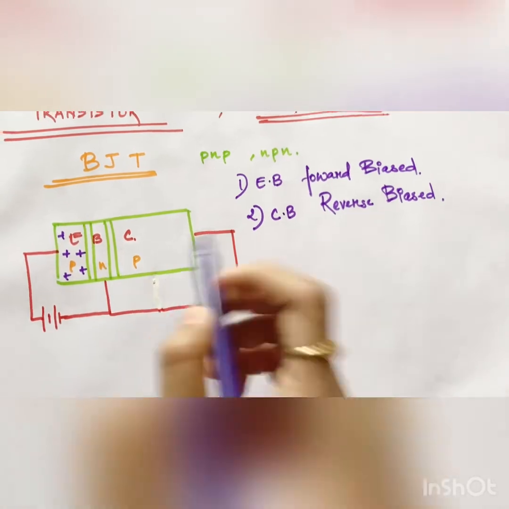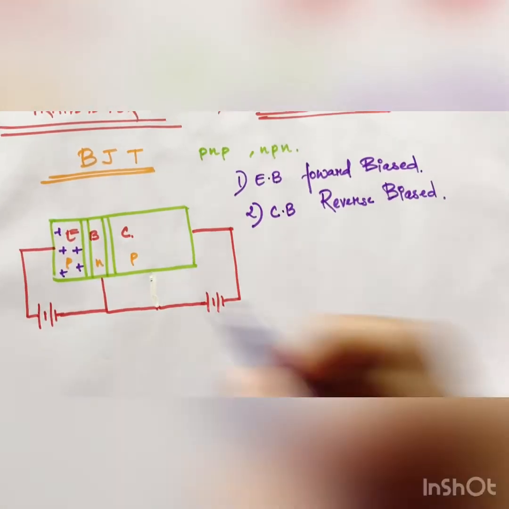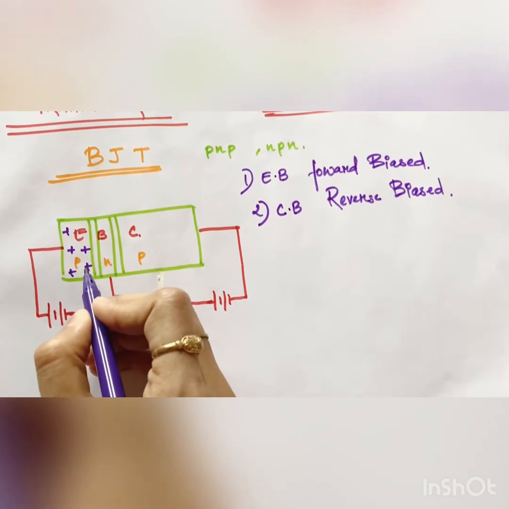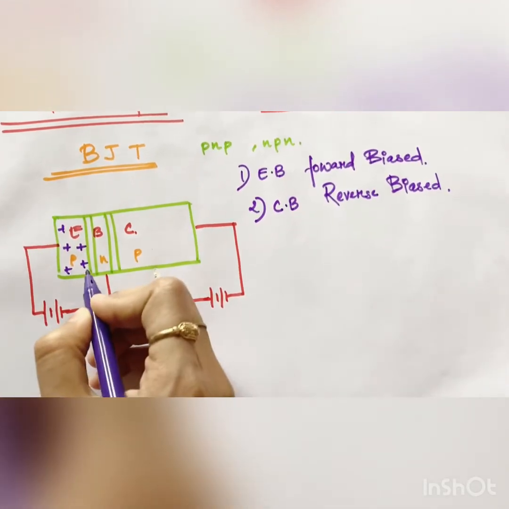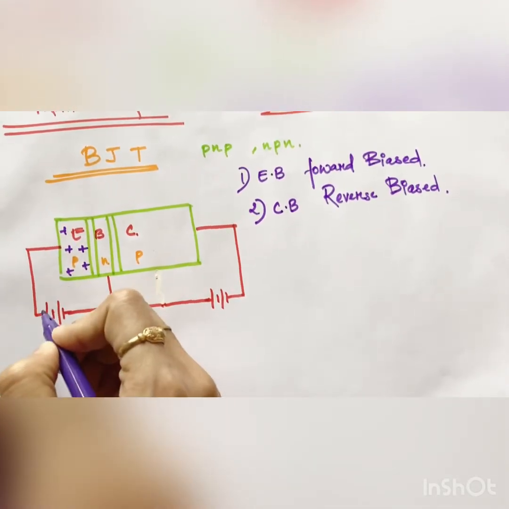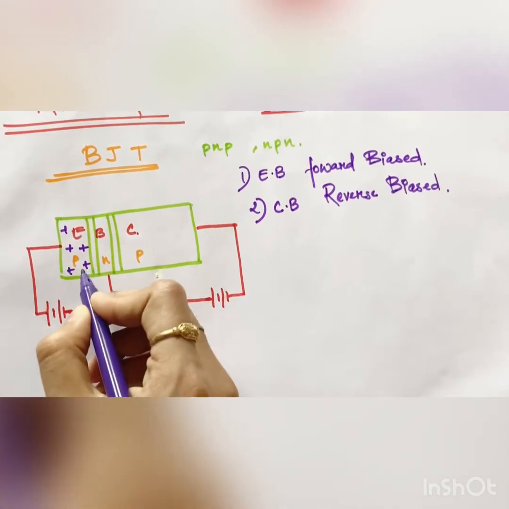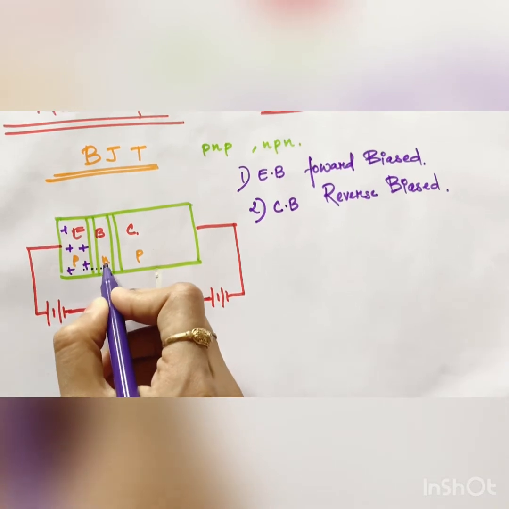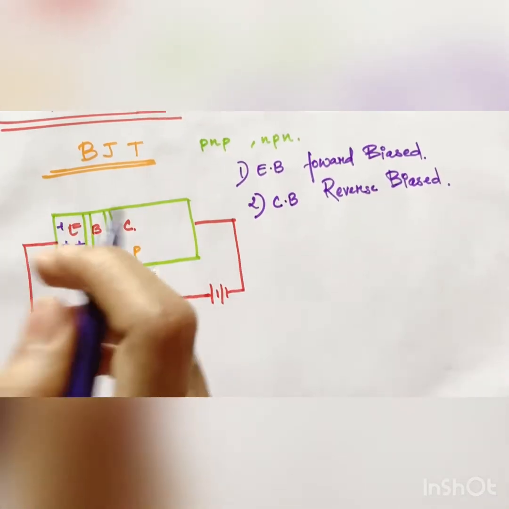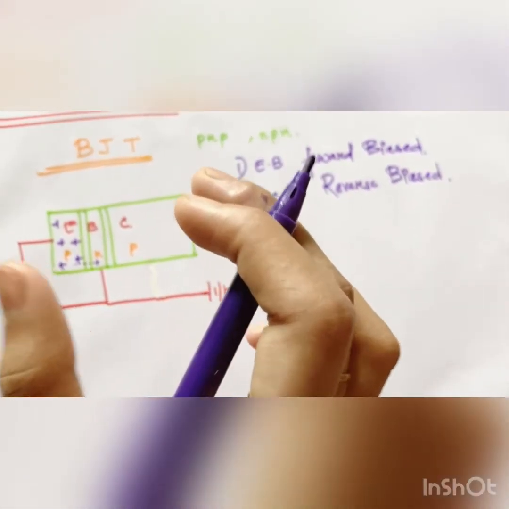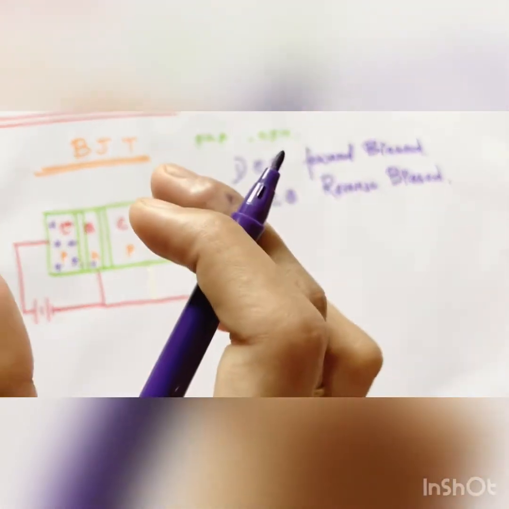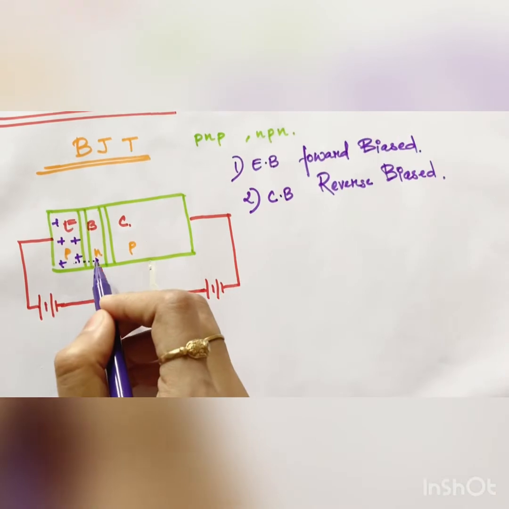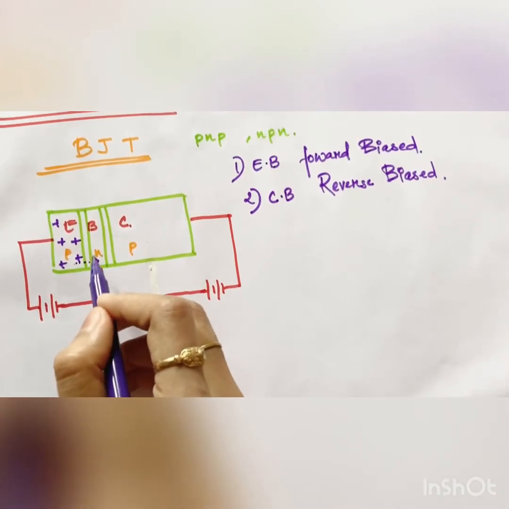Let's take this example. This is a positive carrier, a majority carrier hole. It will be repelled by the positive terminal and come to the base. There will be a recombination, but since the base is very lightly doped, there will be only a very small amount of recombination.